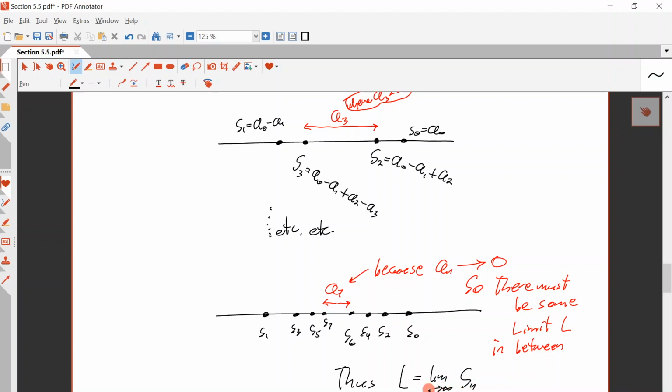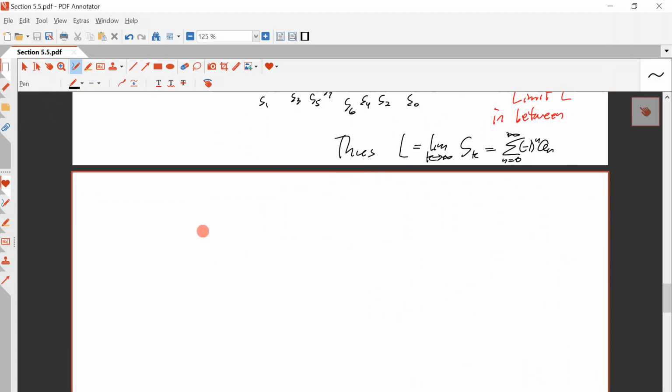I guess I should use a different letter. So there has to be a limit, because this distance is just closing up to 0. There's got to be something inside there. All right, great. So let's check it out.